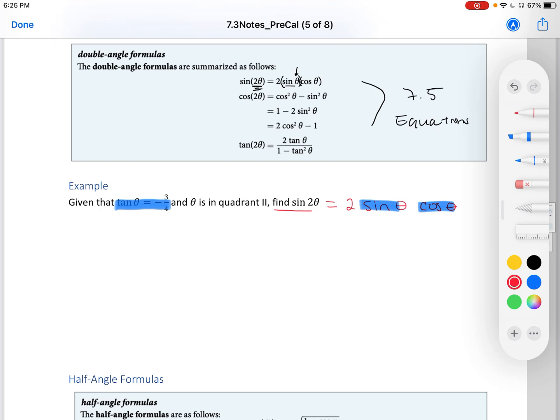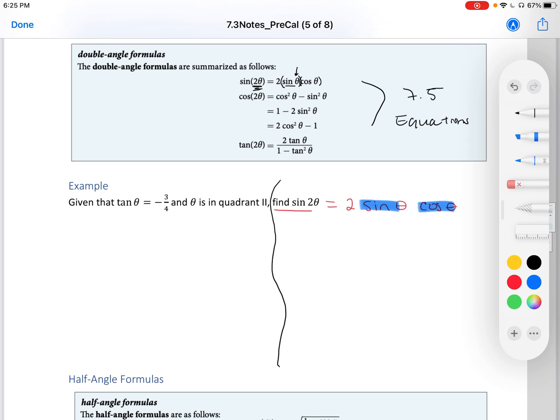All right, so I'm going to split our page into what we want to find and what we need to find it. We're being asked to find sine of 2 theta, so we need the value of sine theta and cosine theta. I'm only given tangent. Let's go ahead and draw this out.